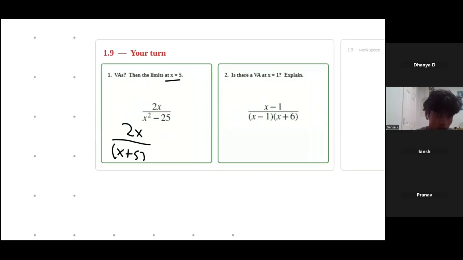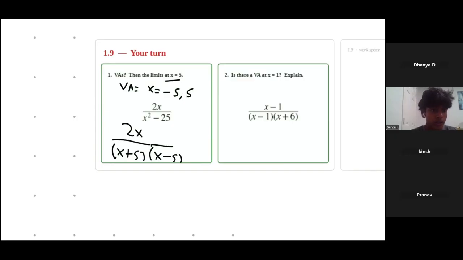That means our vertical asymptotes are going to be at 2 points. So VA equals x equals -5, and you should write x equals 5 too, but I'm just going to write a comma and write 5 to save time.